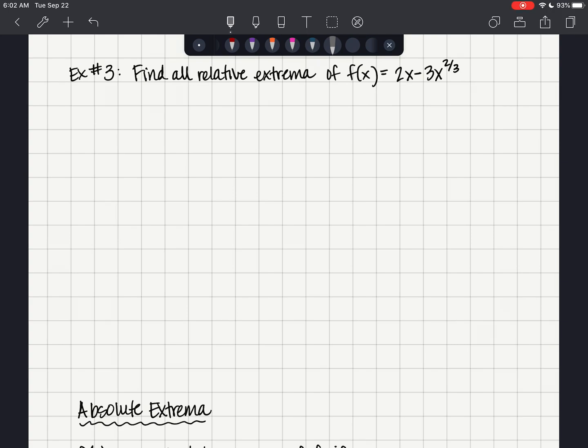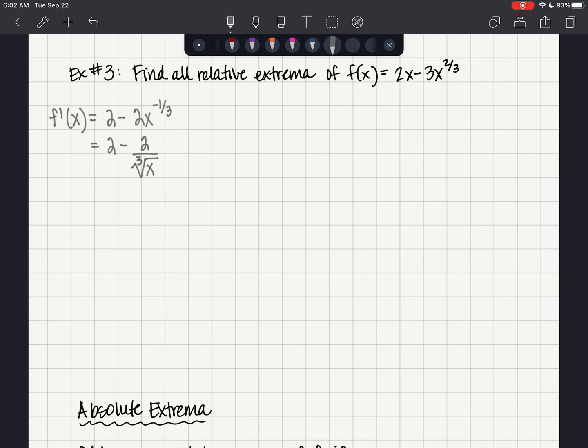Something may be undefined because we know that when we take our derivative, it might cause some denominators when we've got those rational exponents. So let's start there. F prime of x is equal to 2 minus 2x to the negative 1/3, which is the same thing as 2 minus 2 over the cubed root of x.